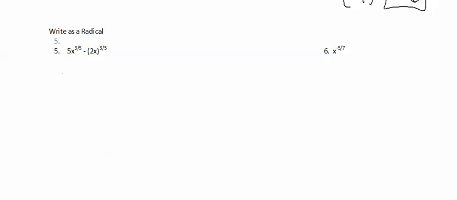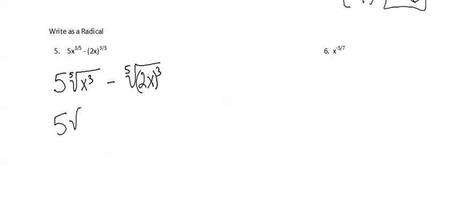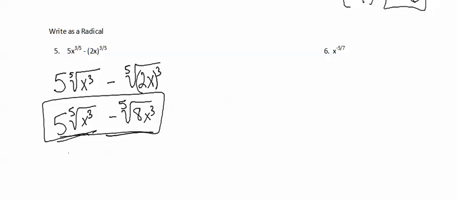So when I go to write this first one, it's going to be 5 times the 5th root of x cubed minus the 5th root of 2x cubed. And we'll go ahead and cube the 2x. And because these aren't exactly the same, they have to stay separate, so that's going to be our final answer.